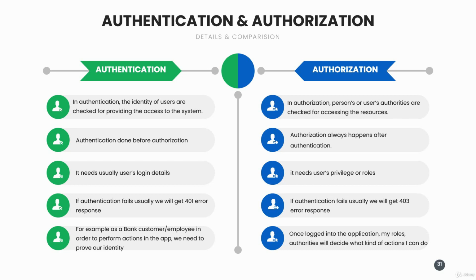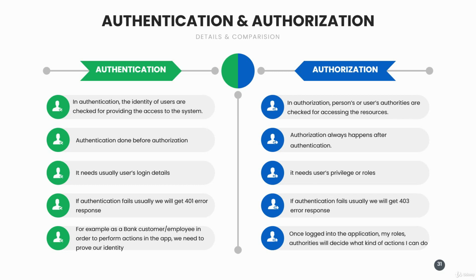And once you clear that authentication step, then you will go to the place where you want to take your flight, like gate number 1 or 2 or 3, whatever it might be. So in this scenario, you proved your authentication, that's why you are allowed to enter the airport, but you are authorized to take only the flight which you booked. Suppose I might have booked a flight to Mumbai, but at the last minute, if I want to travel to Delhi, that's not allowed because I'm not the authorized user. I am authorized to take only the Mumbai flight. So that is authorization.